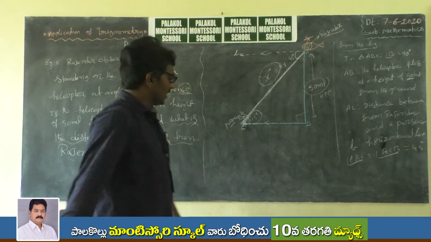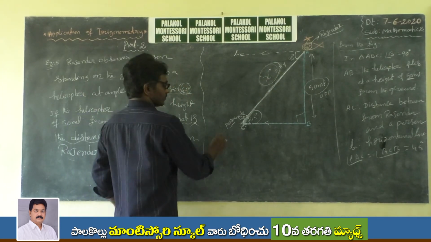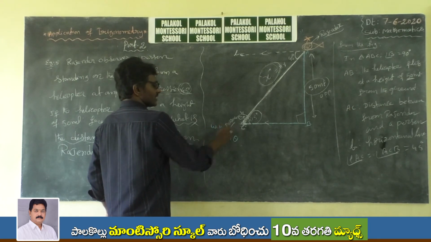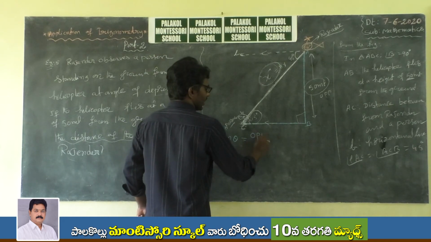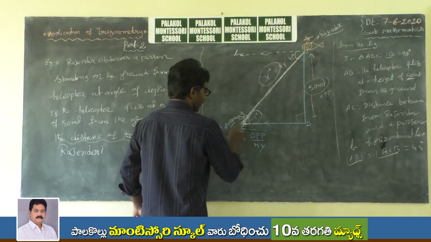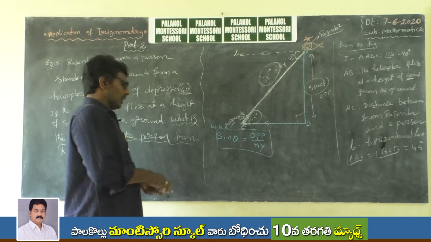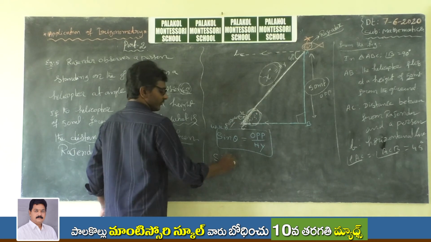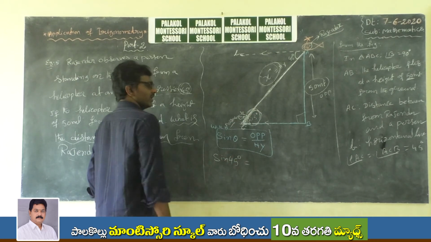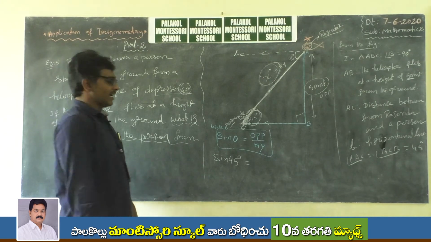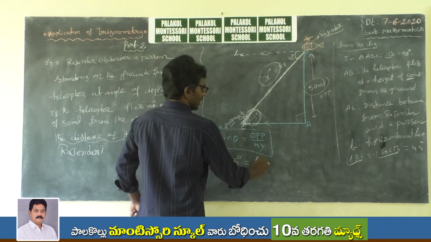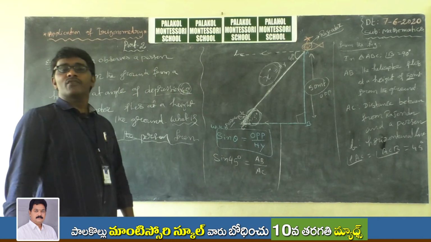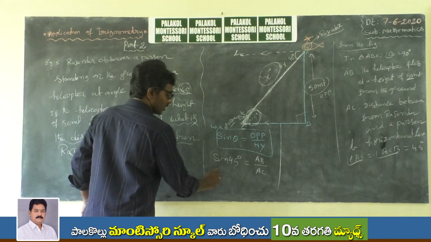With all these values, you select the appropriate trigonometric ratio, substitute, and you get the unknown value. Here I select sine theta. What is the ratio form of sine theta? Opposite by hypotenuse. Okay guys, now here, what is the theta value given? 45 degrees. Sine 45 degrees is equal to the opposite side AB by the hypotenuse AC. So what is the sine 45 degrees value? You know that.